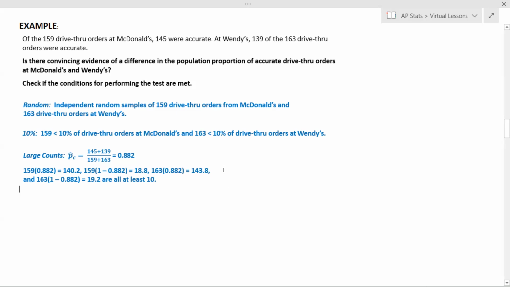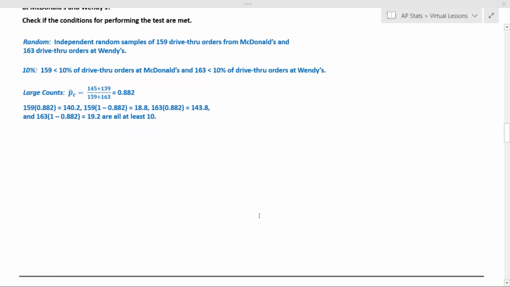Then we calculate and make sure that the number of expected successes and failures is at least 10 for both samples. For the McDonald's sample, the number of successes is 140 and the number of failures is expected to be 18.8. And for Wendy's, 143 and 19.2. Those are all at least 10. So yes, the conditions are met for this significance test.